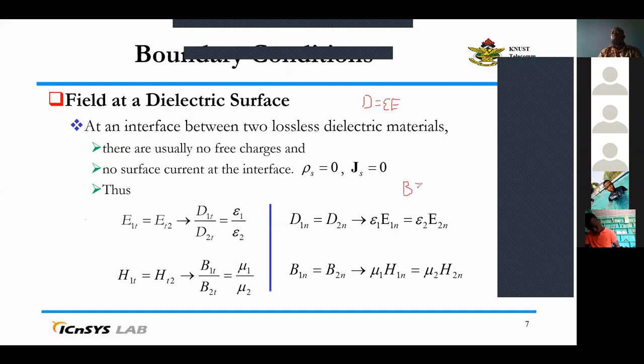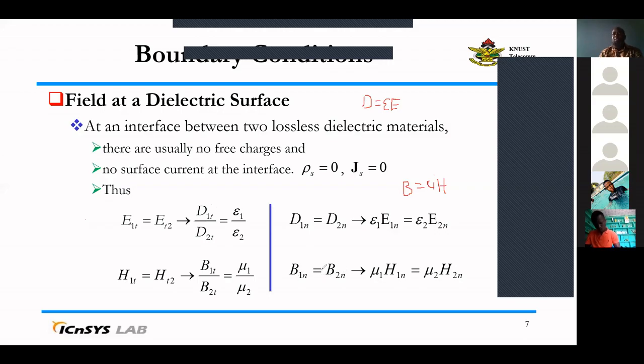So since B also equals mu H, then you can say that B1t divided by B2t must be equal to mu1 divided by mu2, as was the case for the tangential component of the electric flux density.